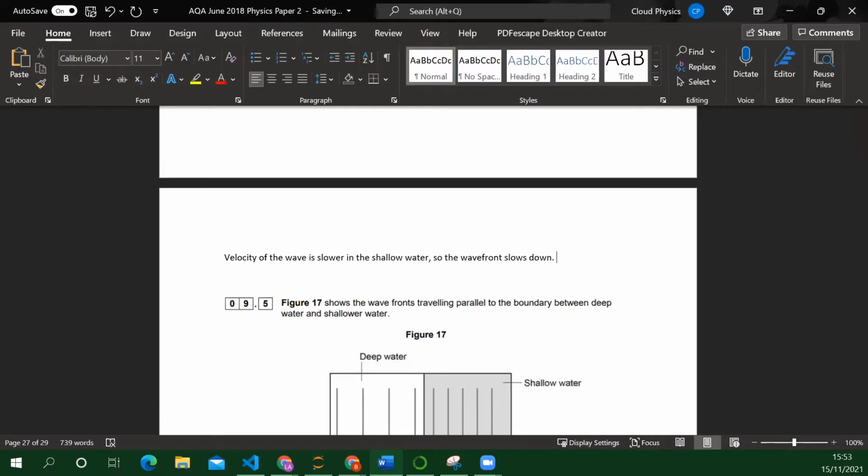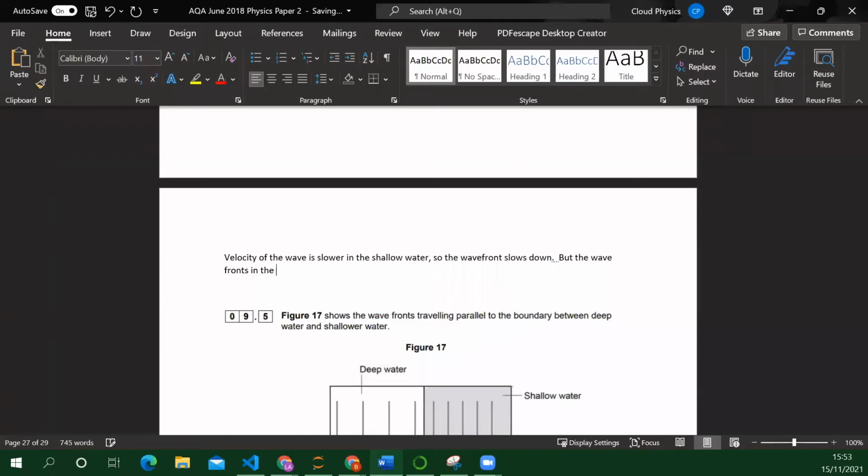Okay, but wave fronts in the deep water do not go down, and this leads to a change of direction of the wave.